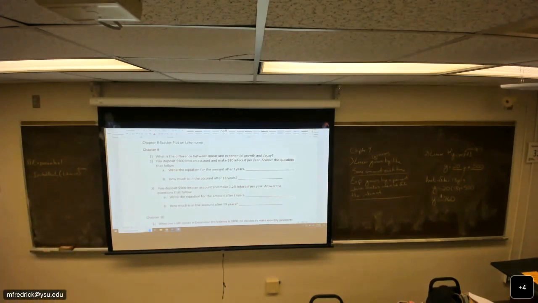Now this is increasing, so it's the 1 plus trick. If it were decreasing, you could use the 1 minus trick. But it is a percent, 7.2% interest per year. Well, that's what made it exponential.